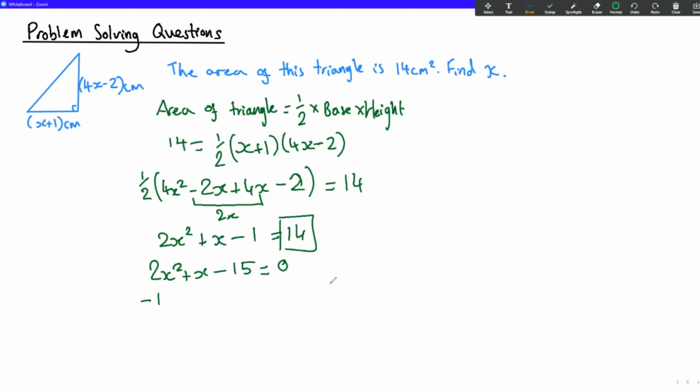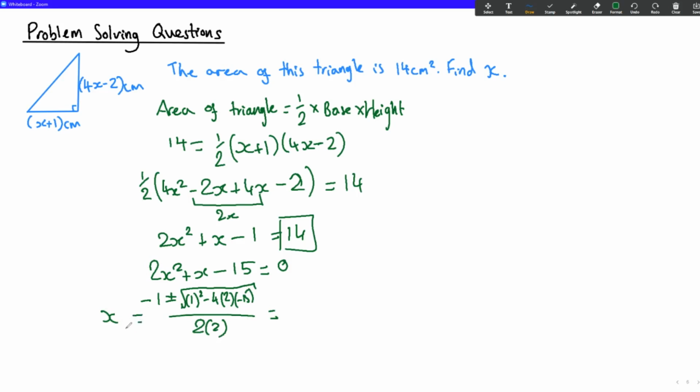You can also write out a, b, and c, but once you do more questions like this, you might just be able to read it from the expression. So we have minus 1, and then we have 1 squared minus 4 times 2, which is a, times minus 15, which is c, over 2 times a, which is 2. Like that. Now let's start evaluating.